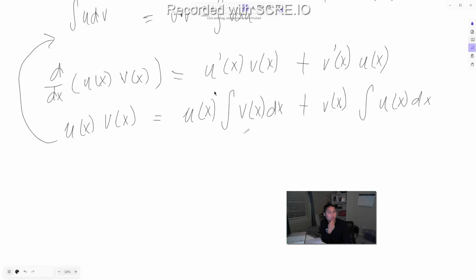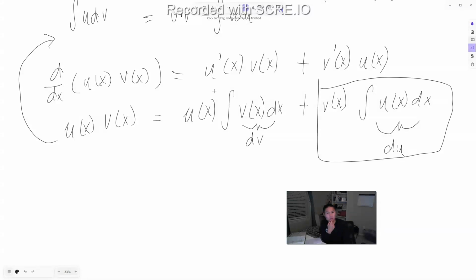We're going to treat this as dv and this as du. Now we're just going to subtract this expression to this side, and let's put this equation on this side.